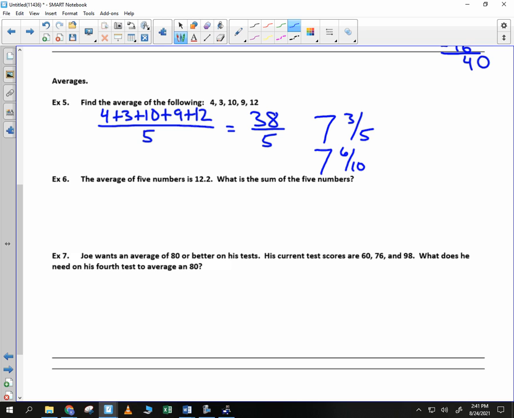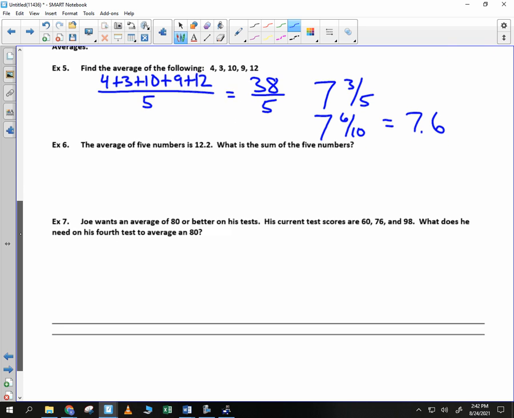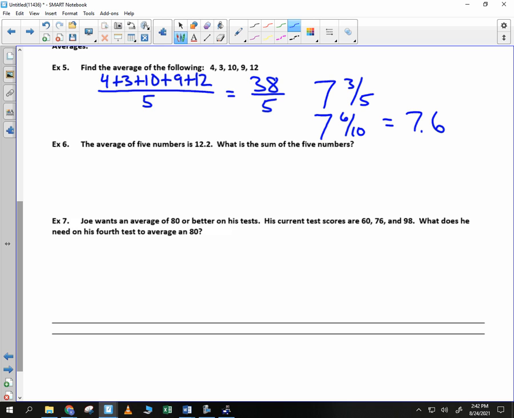Isn't 3/5 the same as 6/10? So in other words, 7.6. That would be fine. I just want to show you that again, those are skills we want to have developed.